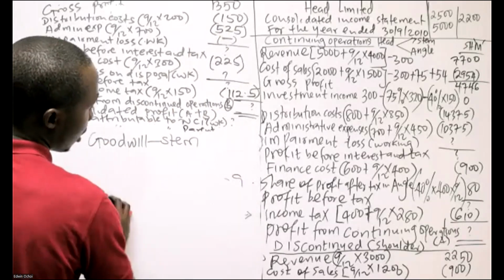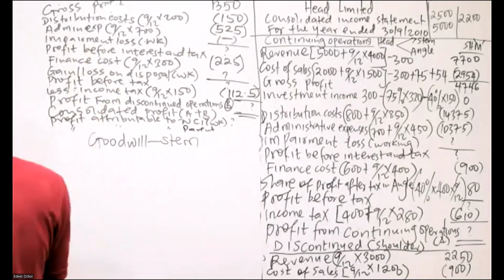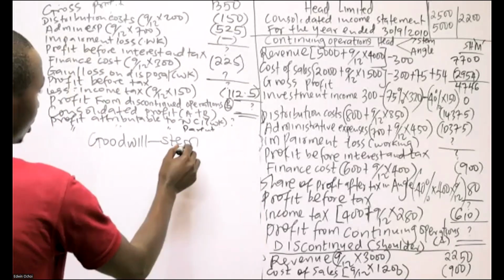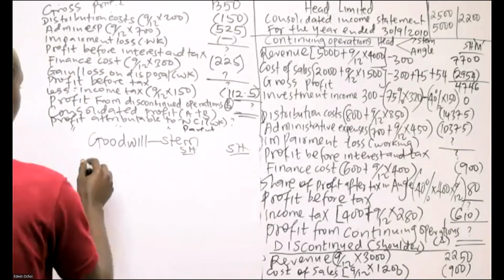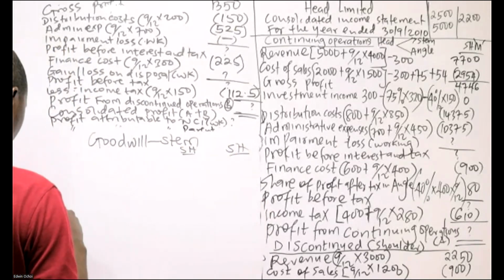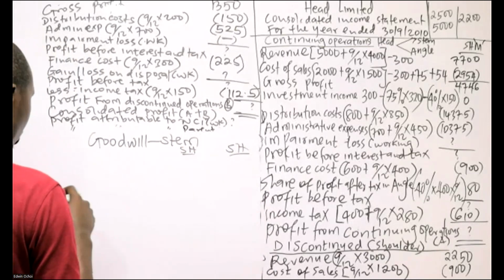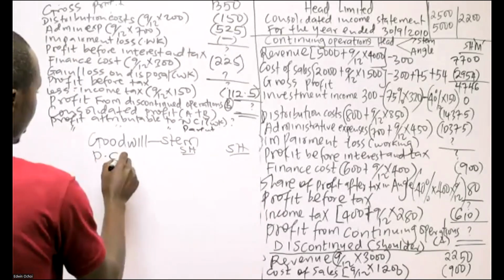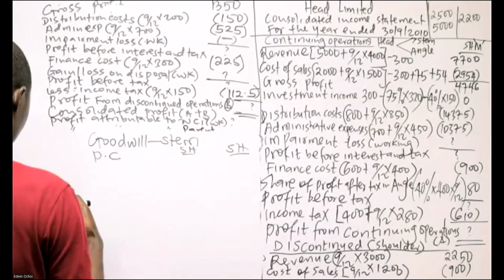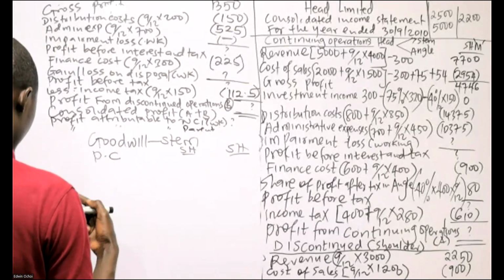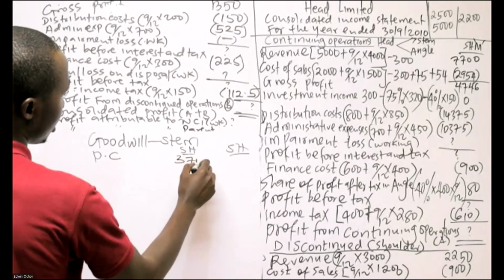Thank you. All right. So for STEM, again, we use the full method. We say purchase consideration, and we talk about fair value of NCI because it's there in note 2, the last column. We have 1270. So purchase consideration was in note 2, the second column, the cost of purchase, 37.